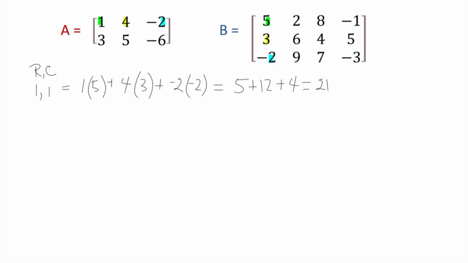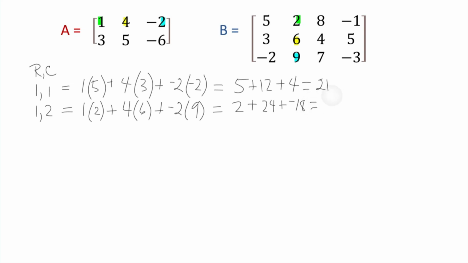We're going to continue with the first row and go to the second column. So we have row 1, column 2. That would be 1 times 2 plus 4 times 6 plus -2 times 9. That would equal 2 plus 24 plus -18, which equals 8.